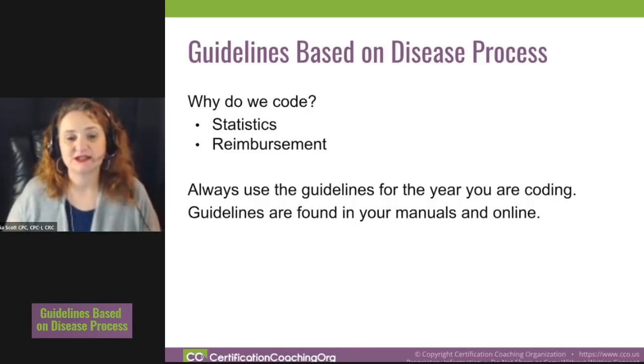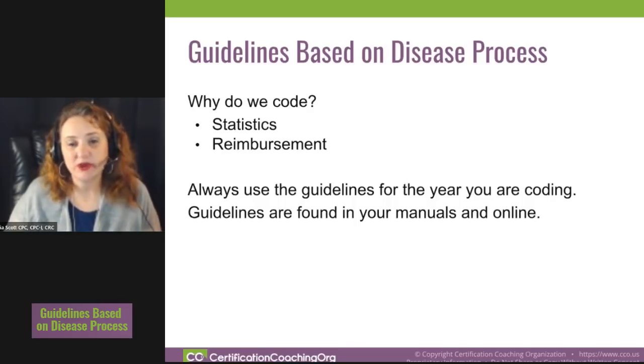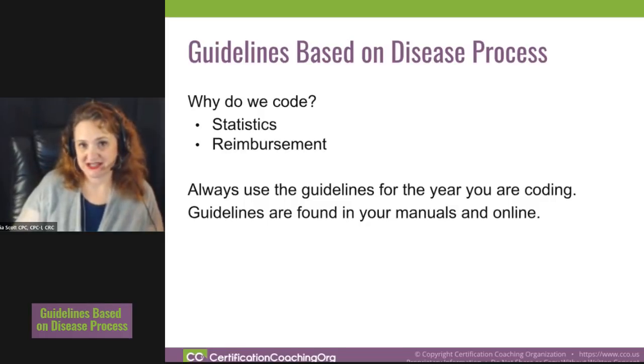The first thing we need to discuss is, why do we code? What's the purpose? If we understand why we do what we do, that helps us understand the guidelines and how they follow the disease process.